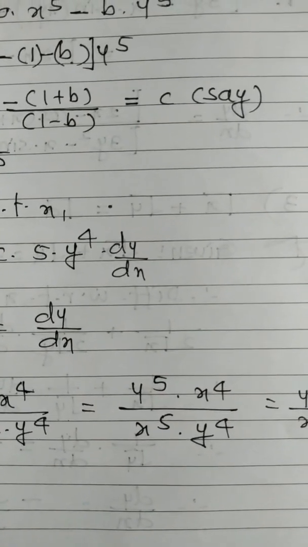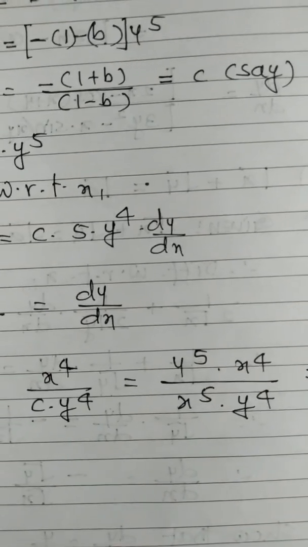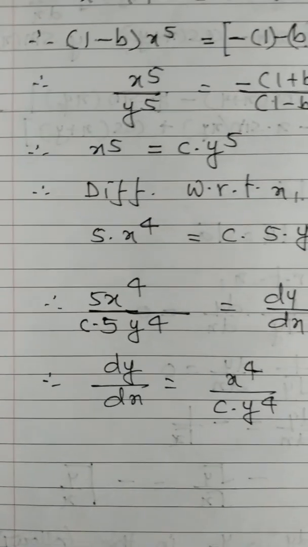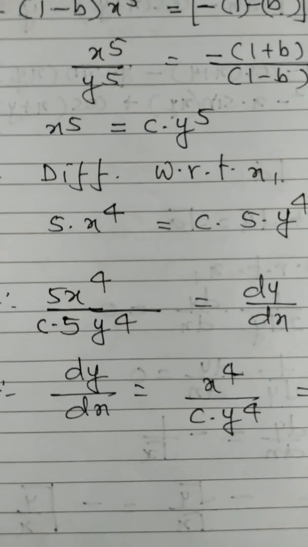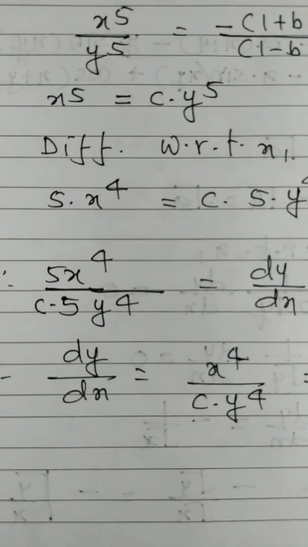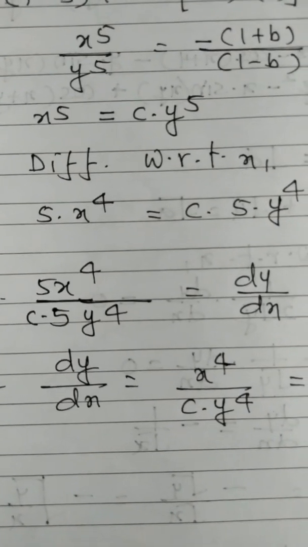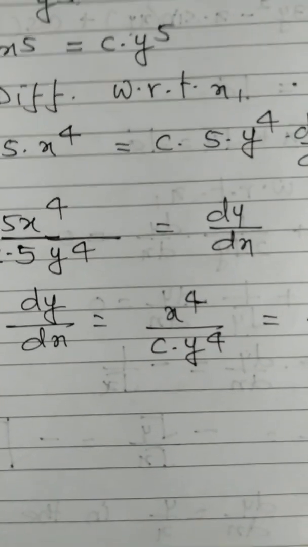This calculation is also a constant, so we consider it c. So c equals x^5 / y^5, and we can also write x^5 equals c times y^5. Differentiate with respect to x.